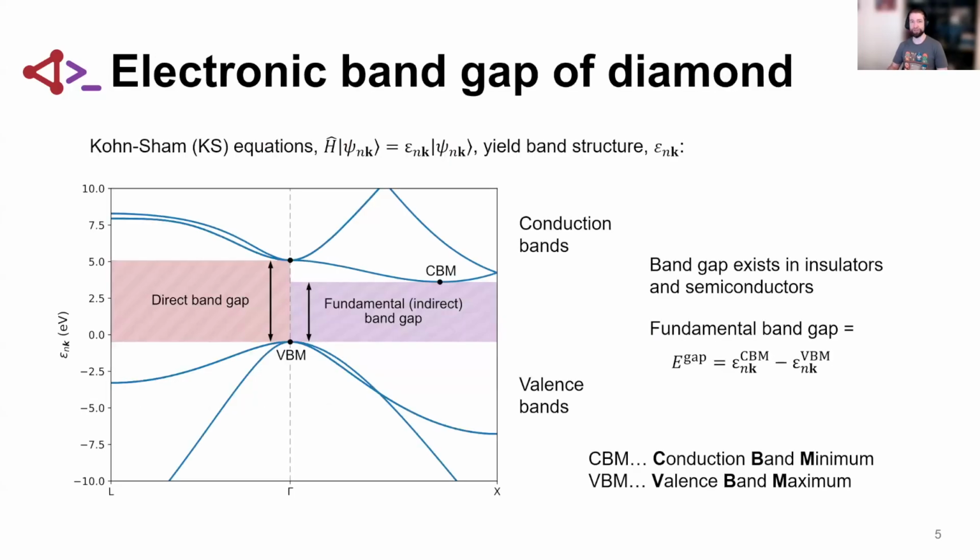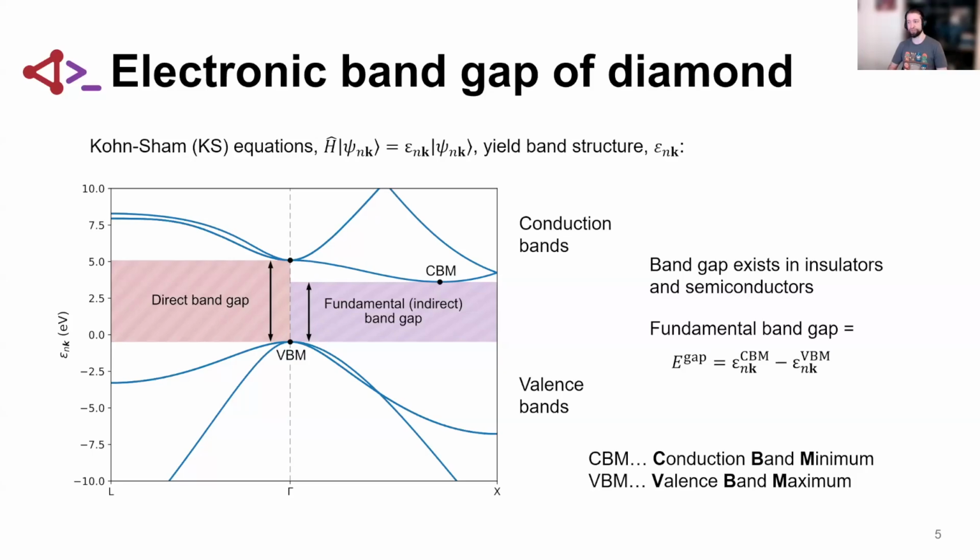Most of you will be familiar with the concept of an electronic band structure, but just in case, I have a quick summary slide here that shows you the band structure, or part of the band structure of diamond, where we see the low-lying valence bands with the maximum point, the VBM, the valence band maximum, and the higher-lying conduction states with its lowest point, the conduction band minimum, the CBM.